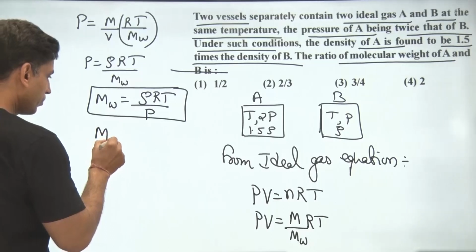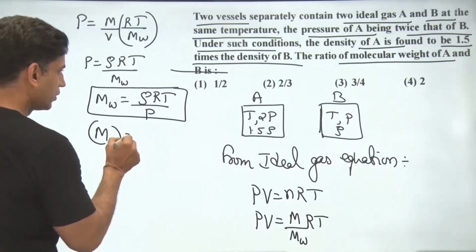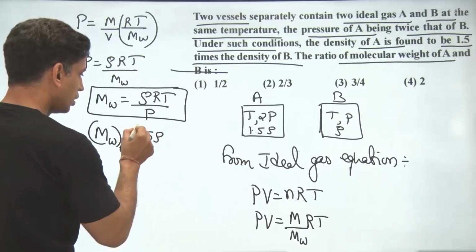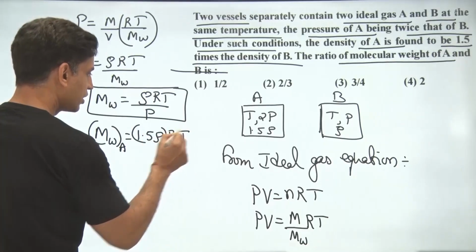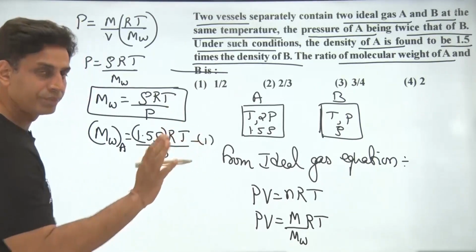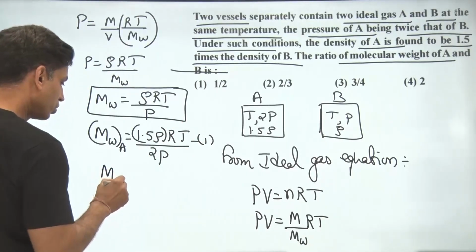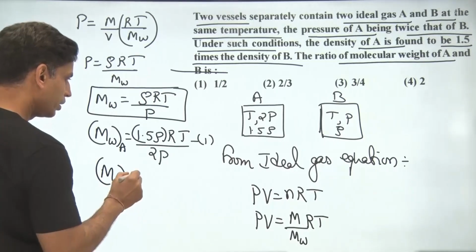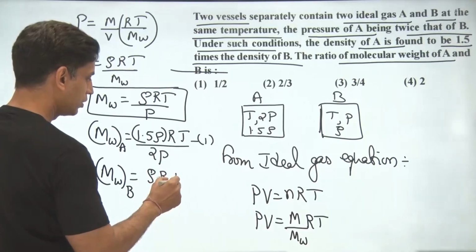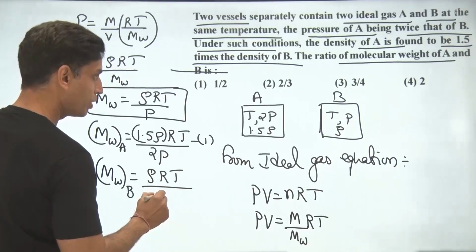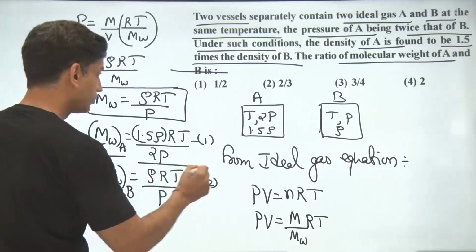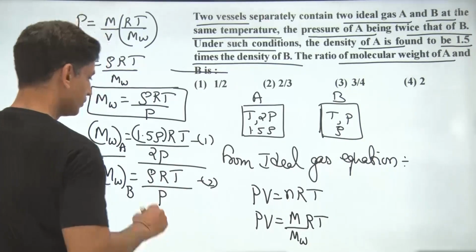So MW for A is equal to 1.5 rho, R, T, divided by pressure 2P. MW, that is molecular weight for B, is equal to density rho, R, T is the same for both, and the pressure is P only. Divide them, because this is what the question is asking.